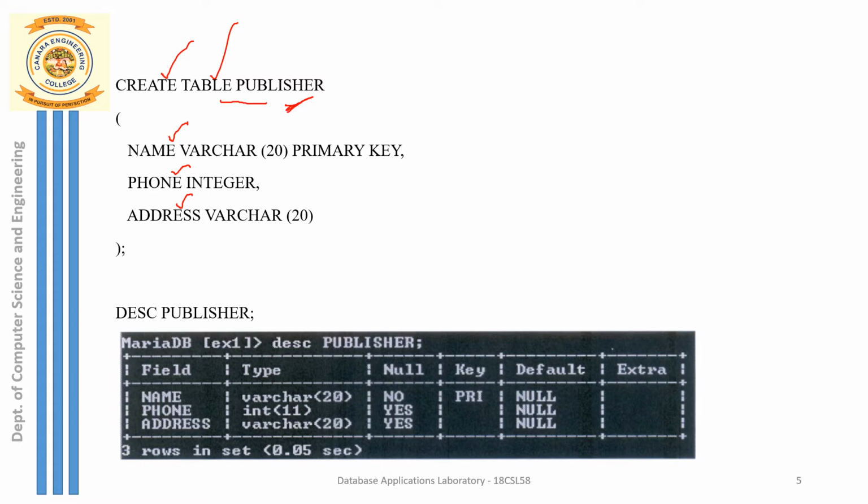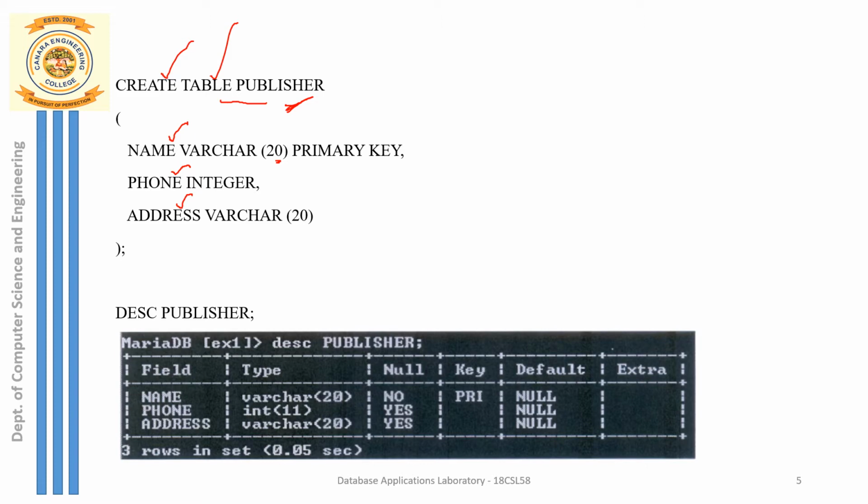Next, the attributes that I'm going to define here are publisher name, the name of the publisher. The data type of the publisher name is varchar, since it is a string, and the size I have taken is 20. And as you all know, in the question they have mentioned that every publisher should have a unique name. So the primary key I have mentioned here is the publisher name, which is going to be unique in nature.